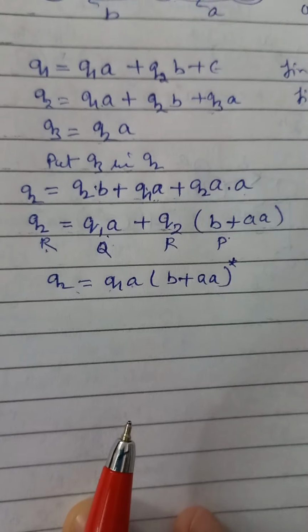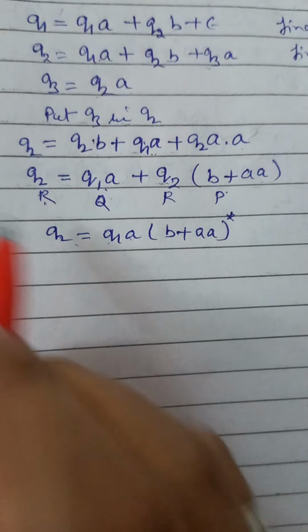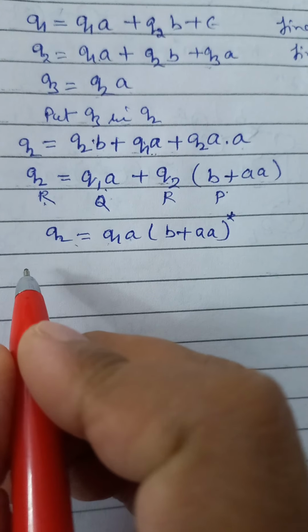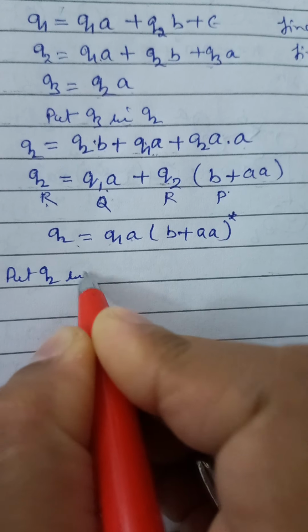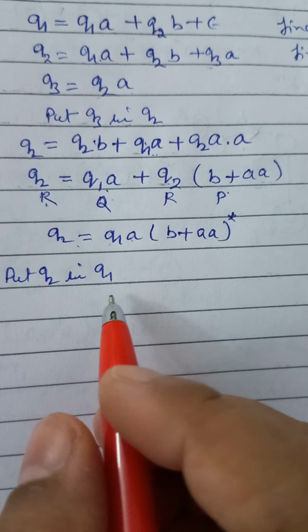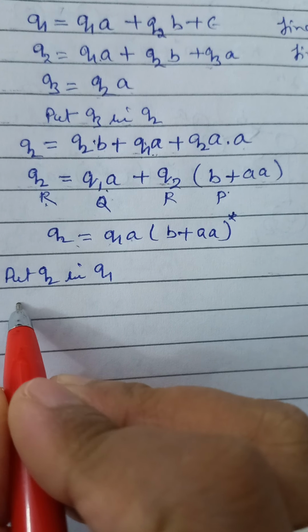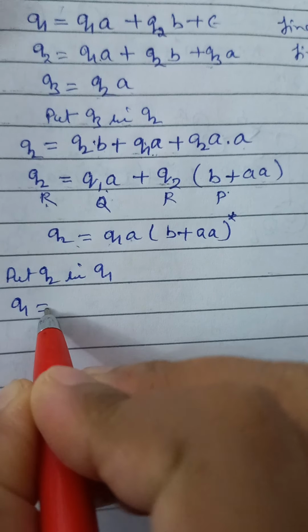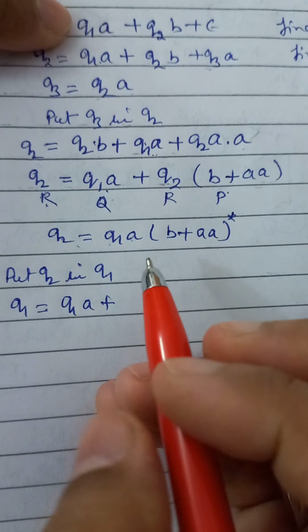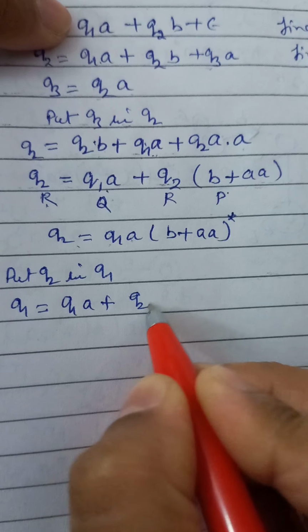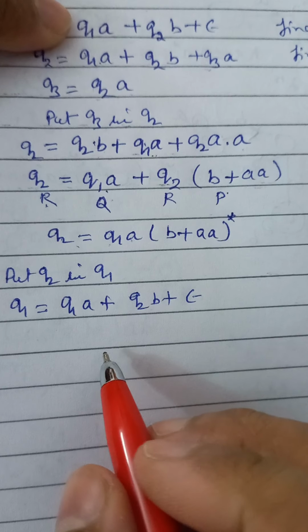Now what will we do? We put q2 into q1. Then what we get here: q1 equals q1a plus q2b plus epsilon.